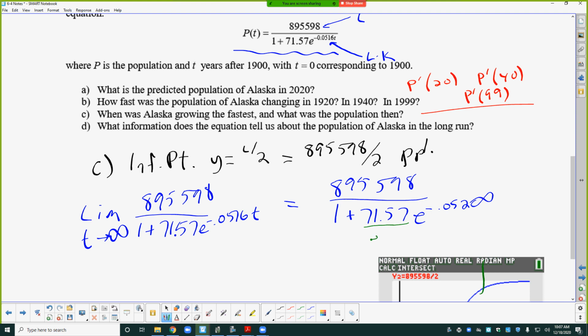So what's 71 divided by e to the infinity? The whole denominator does not become 0. The denominator becomes 1 plus 0. So in other words, the limit is 895,598 people, the maximum population of Alaska.